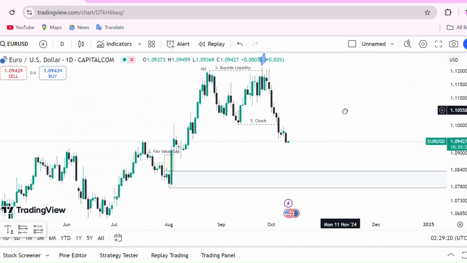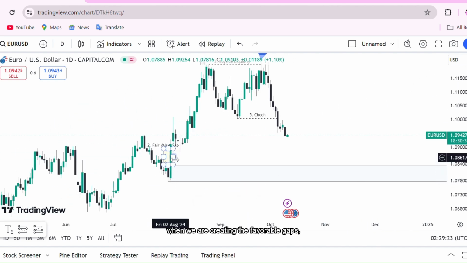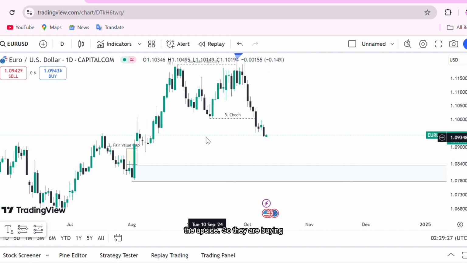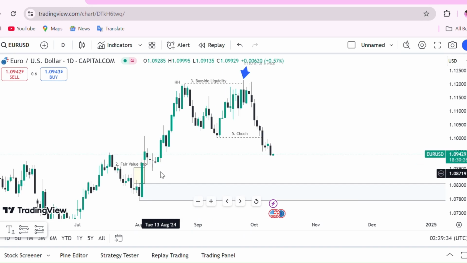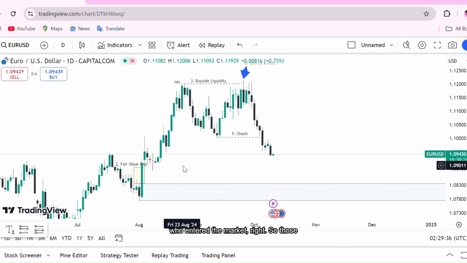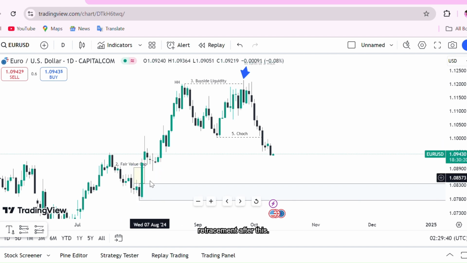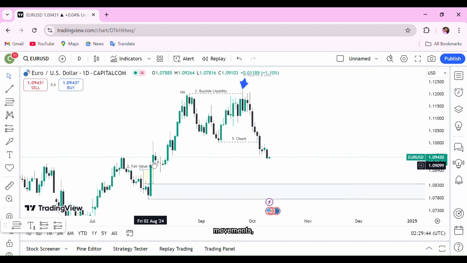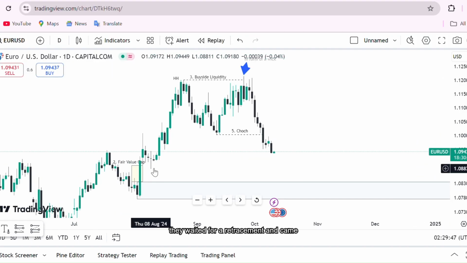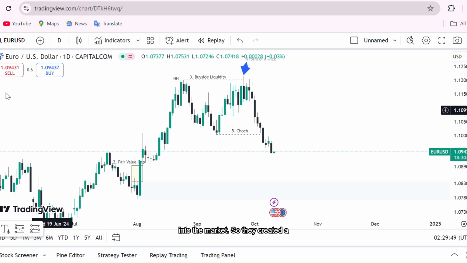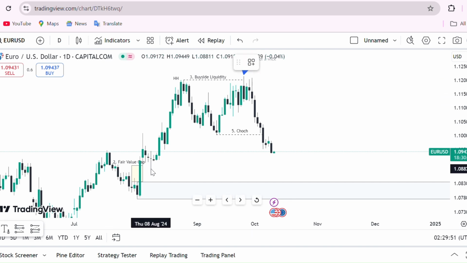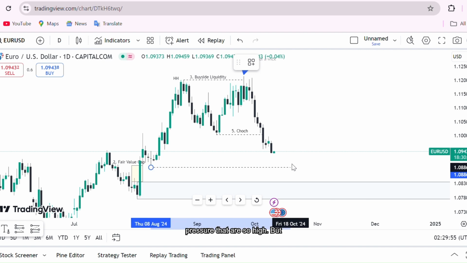So the fourth confluence was inducement, but I call it early bias. Remember, when we are creating the fair value gaps, meaning this high momentum going to the upside, there are buying traders who entered the market. Those buying traders waited for a retracement after these impulsive movements, and came into the market. So they created a buying momentum and a buying pressure that was so high.